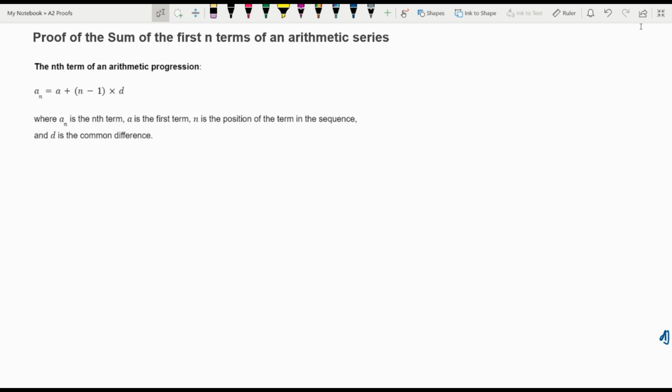You will likely notice that natural numbers form an arithmetic progression, where the first term is 1 and the common difference is also 1. Consequently, the second term is obtained by adding 1 to the first term, resulting in 2. This pattern continues, with each subsequent term being calculated by adding 1 to the previous term. Therefore, we can apply the same approach used to prove the sum of the first n natural numbers to demonstrate the sum of the first n terms of an arithmetic series.